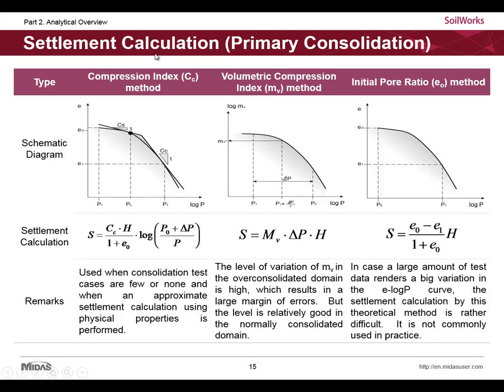In general, the Cc method is most commonly used for all kinds of clay, but the other two methods can sometimes be more applicable according to the site condition and type of data you got from the test.